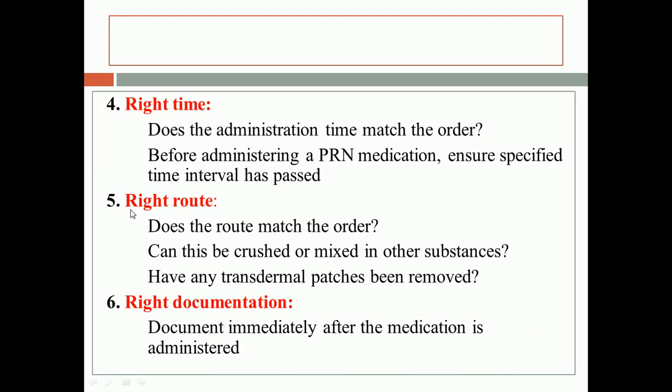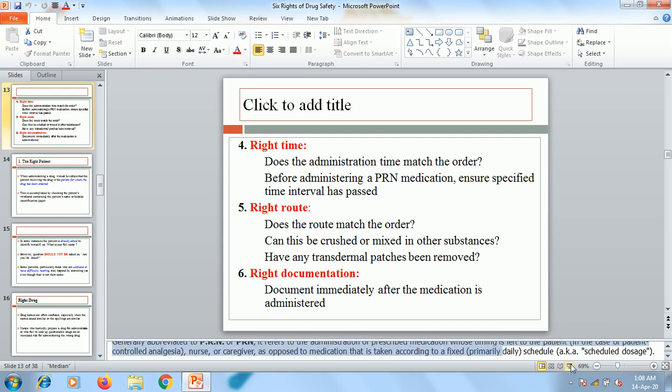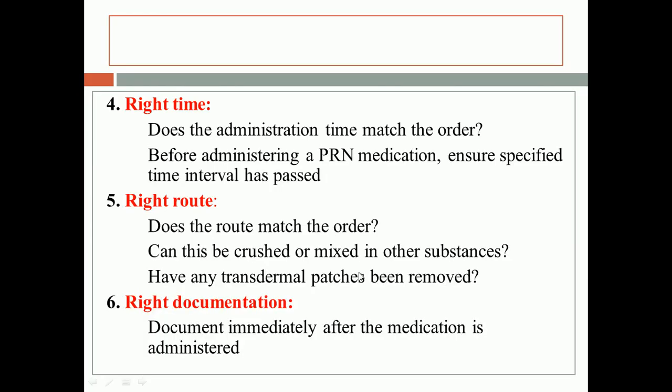Then the right time. Does the administration time match the order? Before administering a PRN medication, ensure specified time interval. What is a PRN? I have added notes to it. So right route. Does the route match the order?